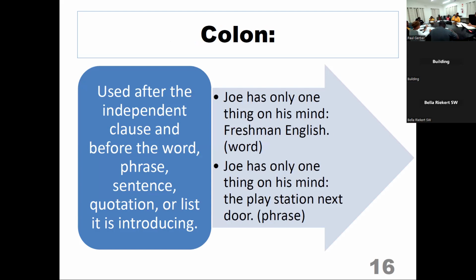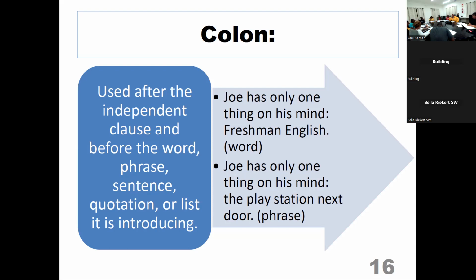It is used after the independent clause and before the word, phrase, sentence, quotation, or list it is introducing. That is a long explanation there, but I printed it out for you guys, so that's good.